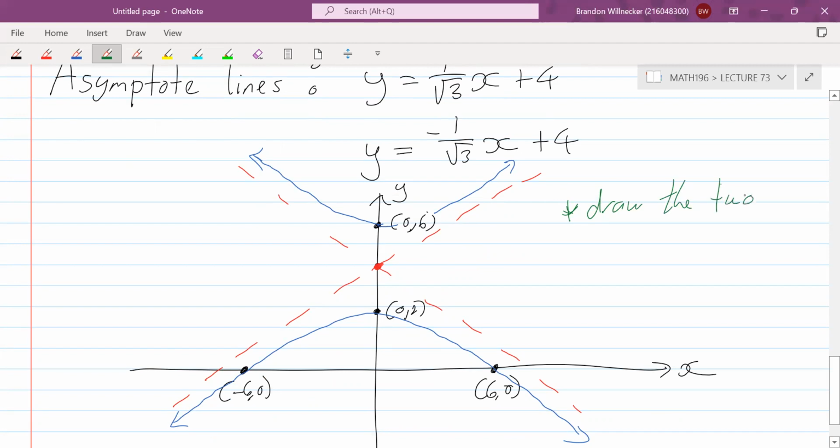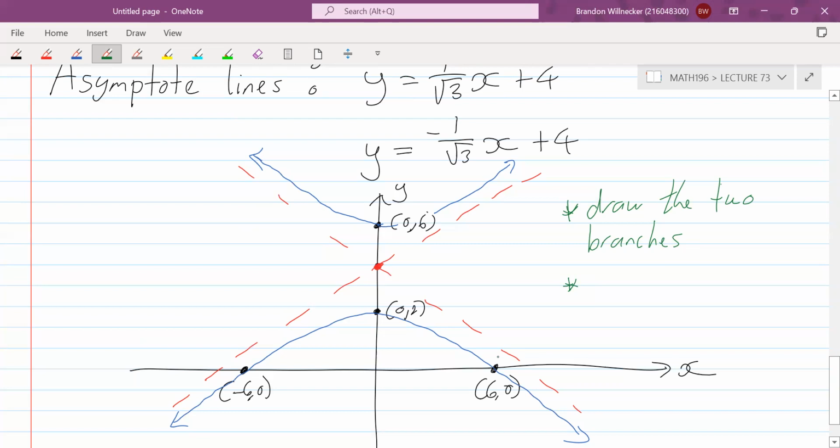Draw the two branches. It might be one above and one below, or it could be one on the left and the right, depending on the shape that you have. And then the asymptotes. I recommend drawing the asymptotes in first, and then you can just fit the hyperbola between the asymptotes.